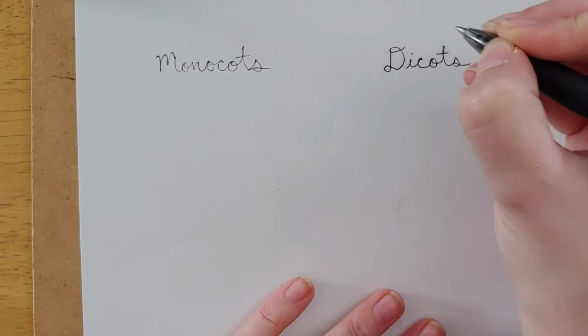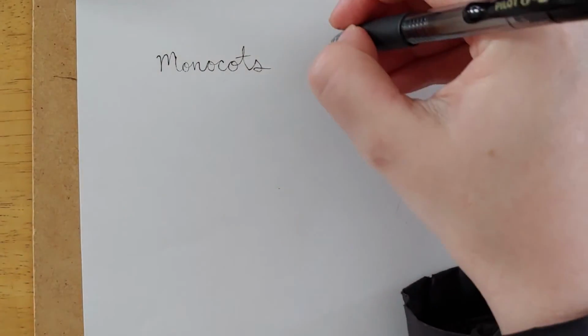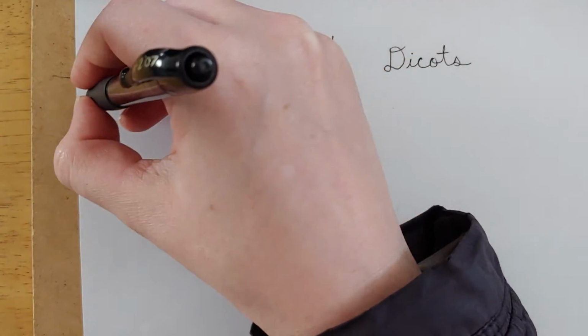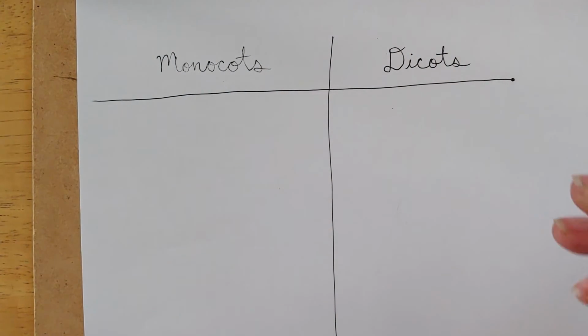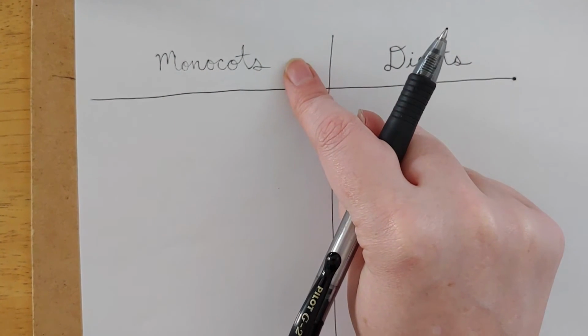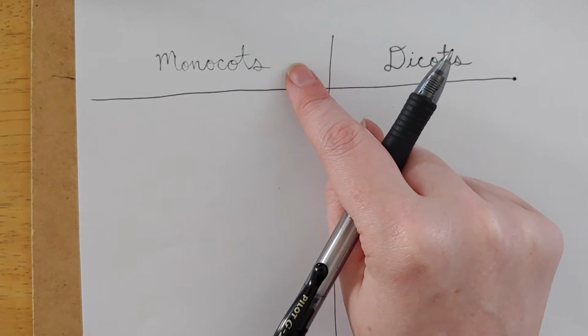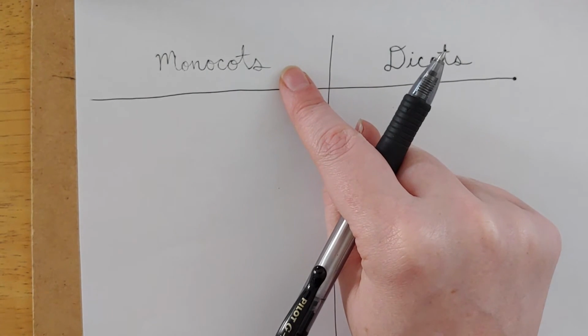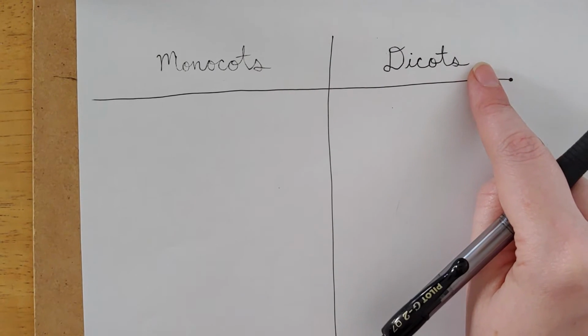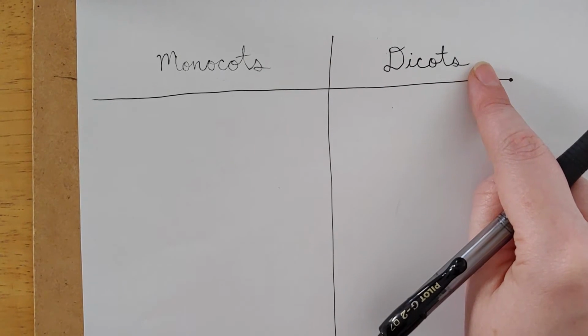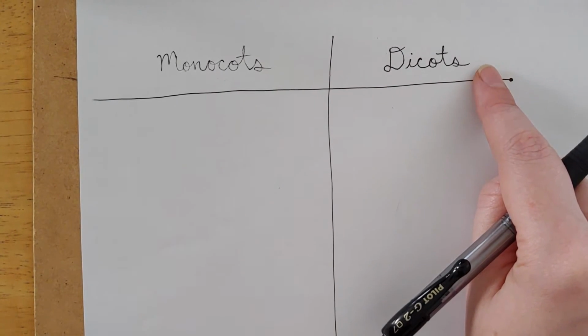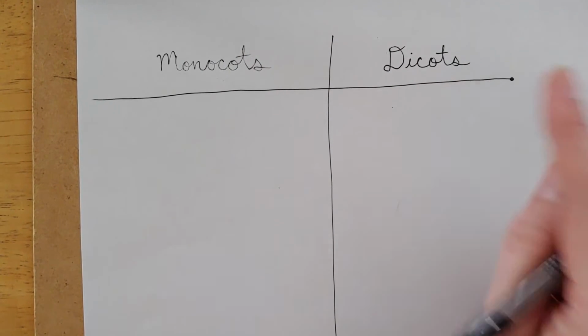This is one of the simple ways, or best ways in my opinion, to divide up plants when you talk about them. So monocots, some examples would be things like corn or grass or tulips. Those are some monocot plants. Dicot plants are things like an apple tree, an oak, a zucchini plant, things like that.